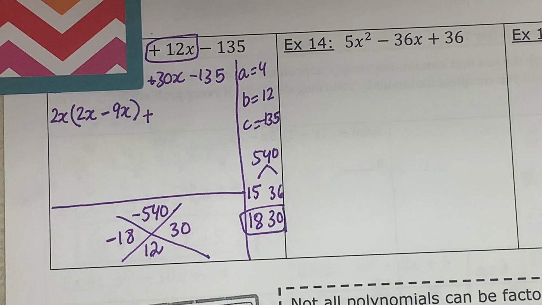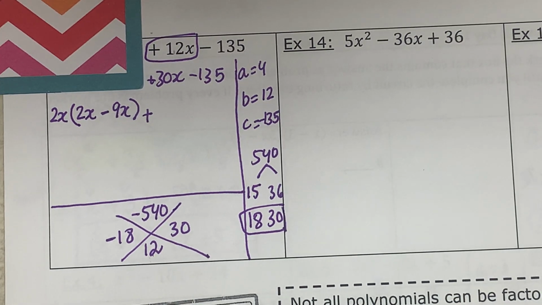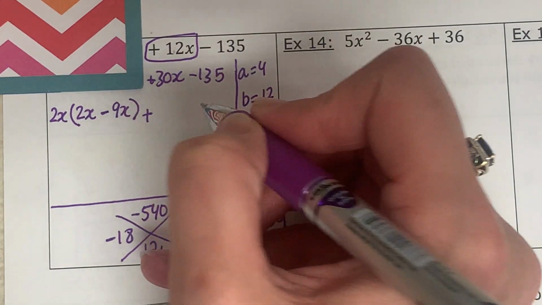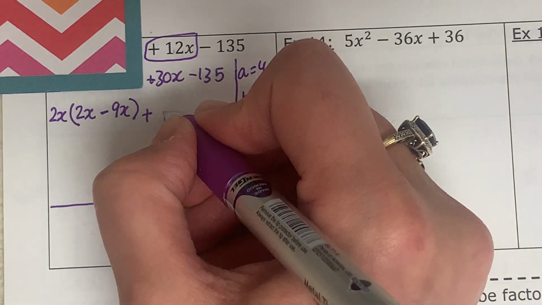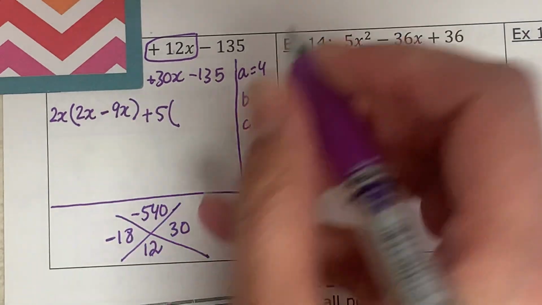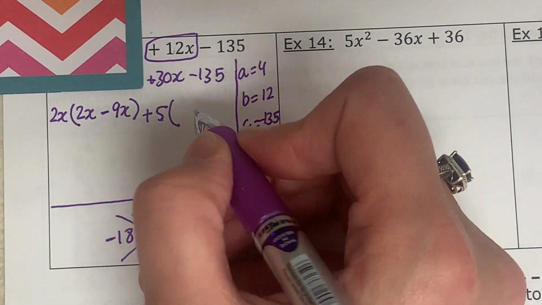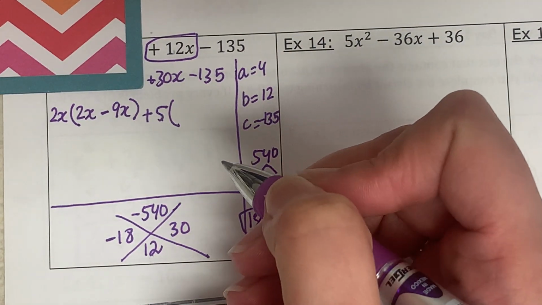So 5 times 6, and 135 is also divisible by 5, so the factor has to be 5. It is 5. 30 divided by 5 is, no, that's a way too big number.